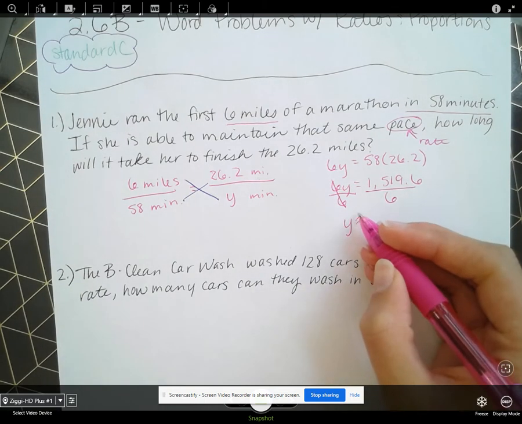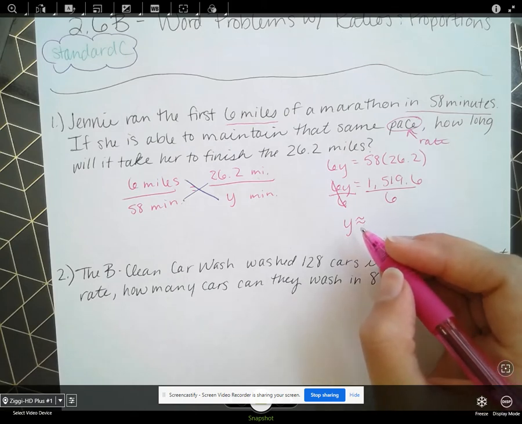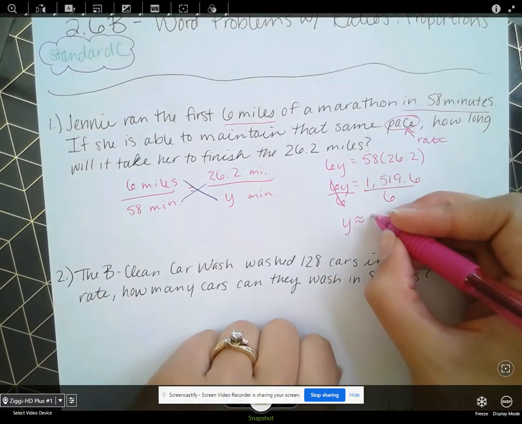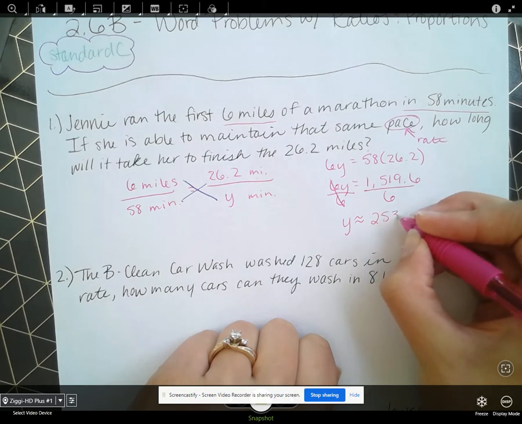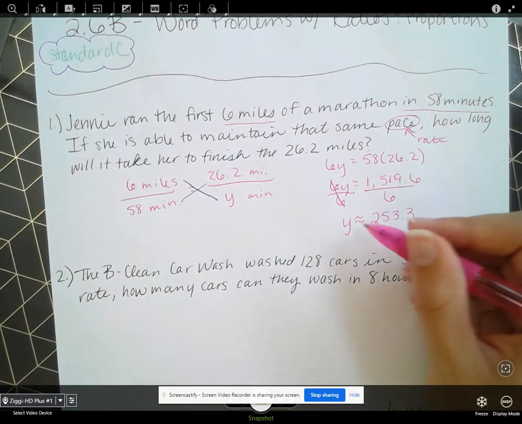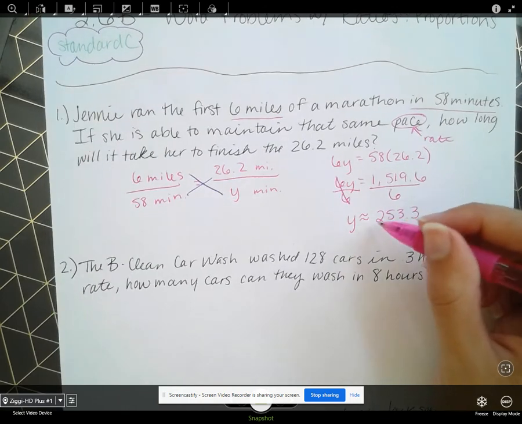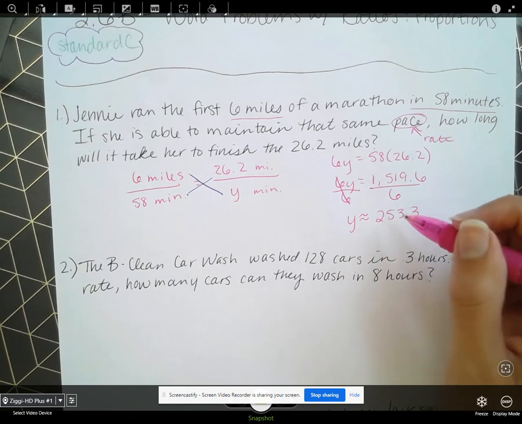I'm going to use a squiggly equal sign. That means about or approximately. So y is approximately 253.3. If you round, you need to tell me you're doing that by putting approximately, because y does not equal exactly this. It's about this, we rounded.